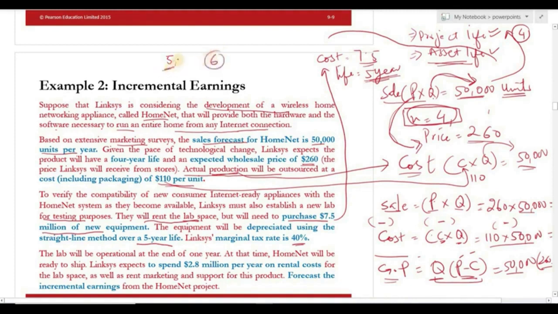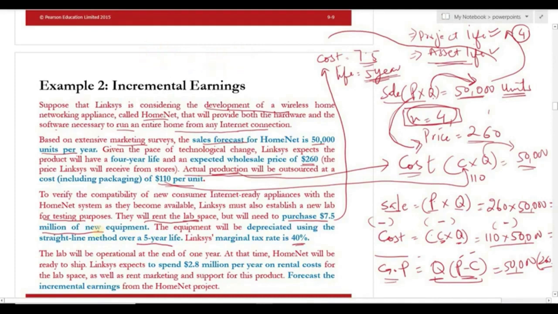So after 5 years, your tenure is over, so you are not going to drive the car anymore, but the depreciation will still continue for 1 extra year, right? So this is the asset life and this is the project life.